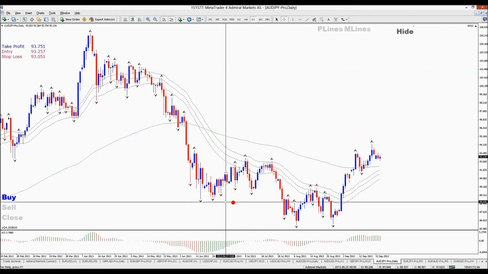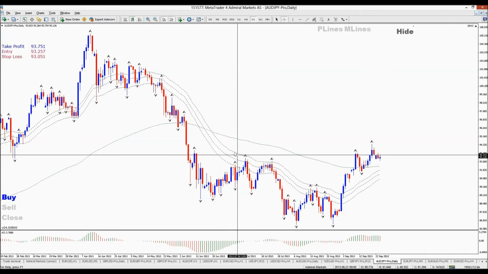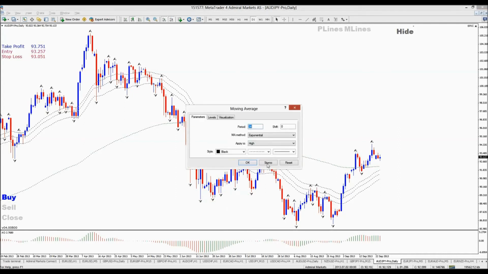You're staying out of the market, or if anything, you're taking a reversal long right in there, right at the bottom with a super tight stop loss, and aiming for something that you find realistic, which could be this green band here. Or it's not green in this chart, it's black.